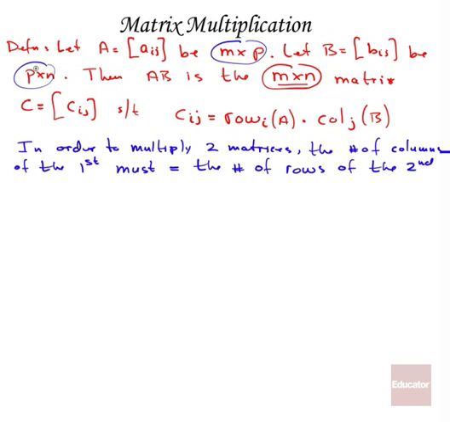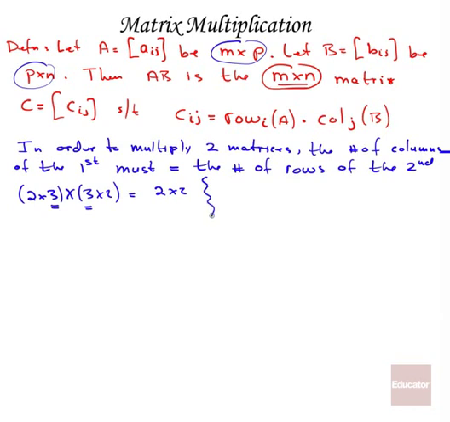Okay, let's see what we've got. So, for example, if I have a 2 by 3 matrix and I want to multiply it by a 3 by 2 matrix, yes, I can do that because the number of columns of the first one is equal to the number of rows of the second one, and essentially they go away. What I'm left with is a final matrix which is 2 by 2. It's kind of interesting.